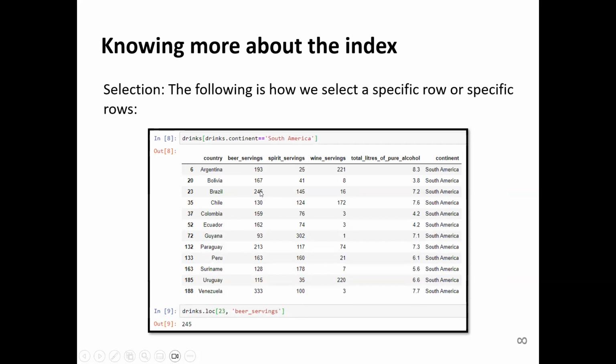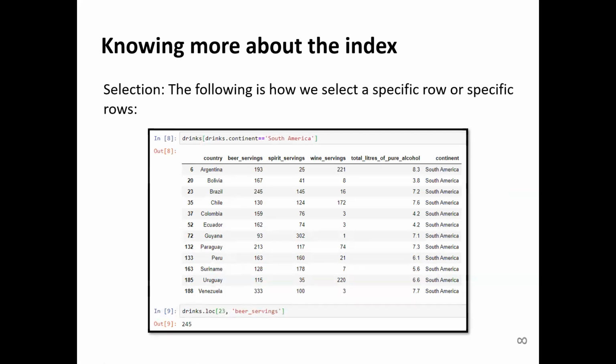But remember, we would need to memorize all the numbers. I want to know the beer servings for Brazil, it is 23. How about for Peru? It is 133. It is not possible, right? It's meaningless. Is it possible to make these countries the new indices?